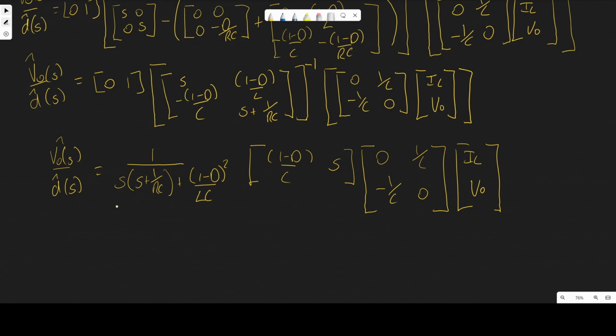We're almost done here, so we just need to multiply these three matrices with each other, and that way we obtain the Laplace transfer function.